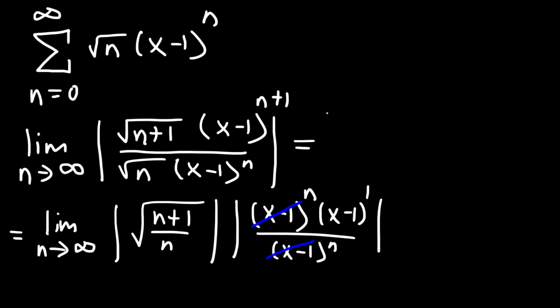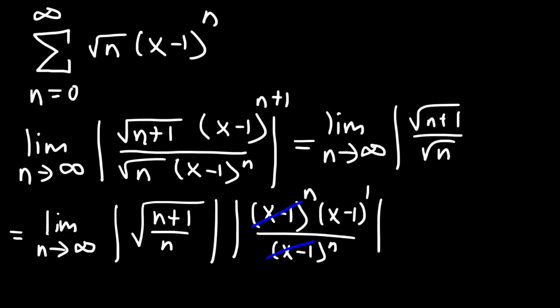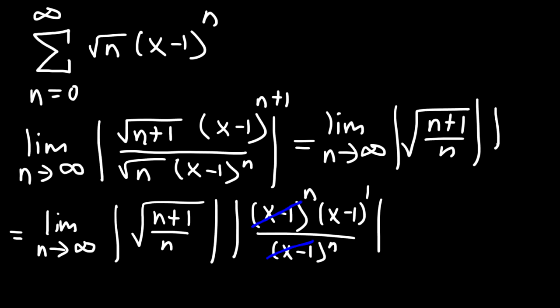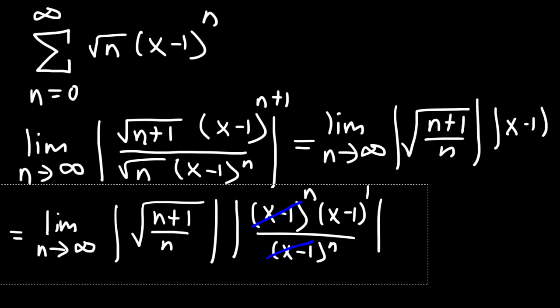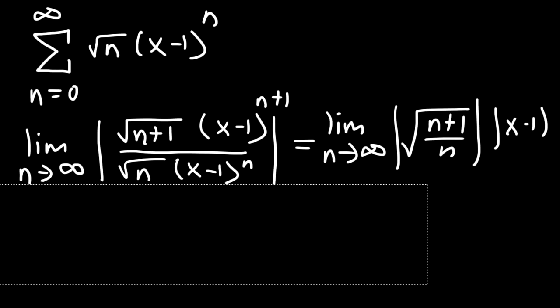So what I have left over is the limit as n goes to infinity of the square root of n plus 1 over the square root of n, times x minus 1. So what happens to n plus 1 over n when n goes to infinity?